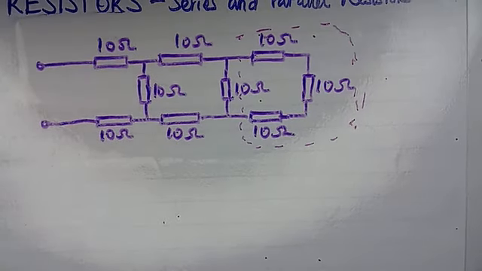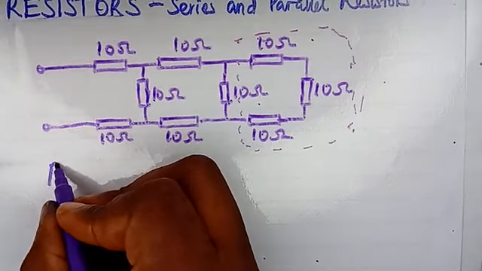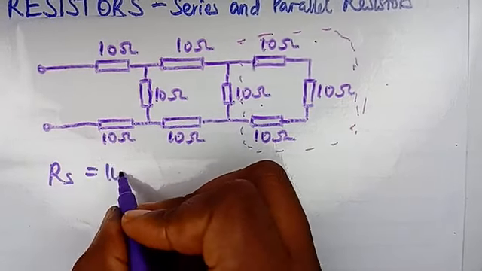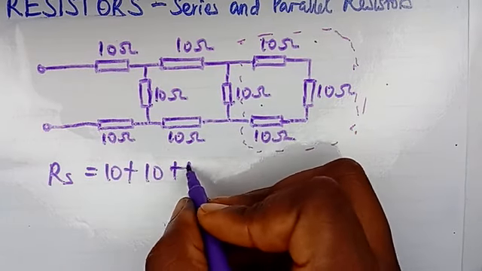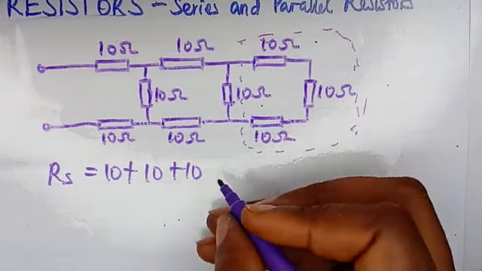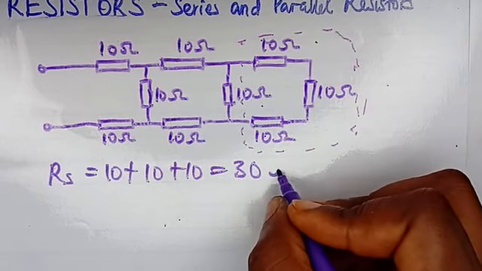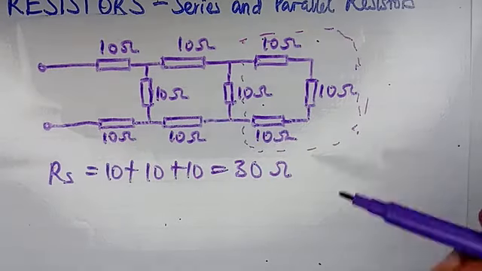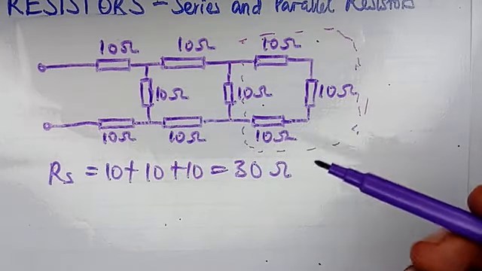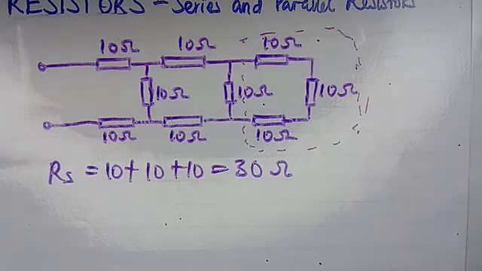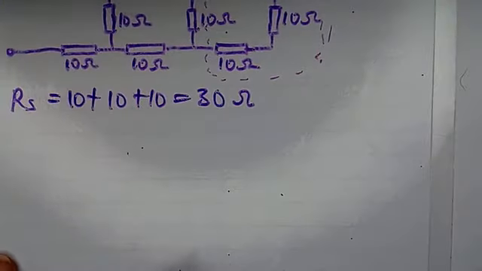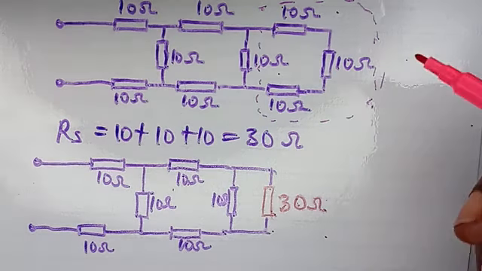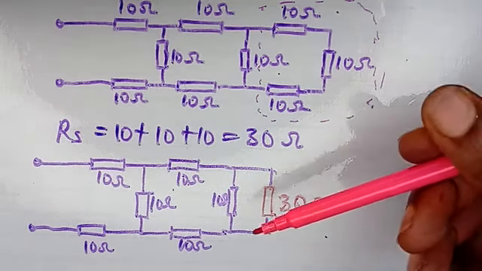of resistances, right? So we have 10 plus 10 plus 10, that's the 3, which is equal to 30 ohms. So this 3 is just like saying we have one piece of 30 ohm resistor. So we are going to redraw. Okay, we've redrawn the circuit with this.